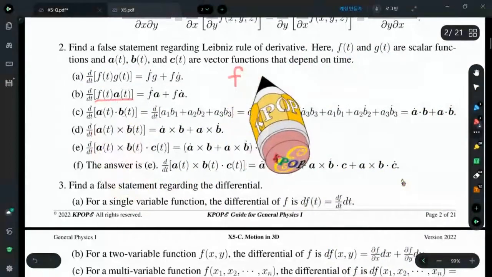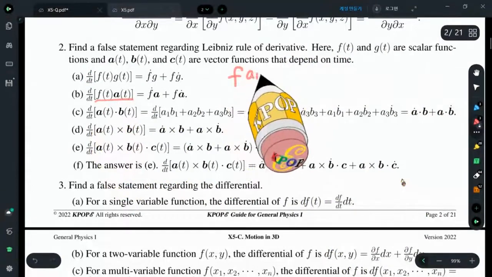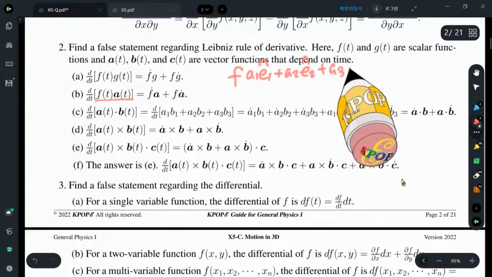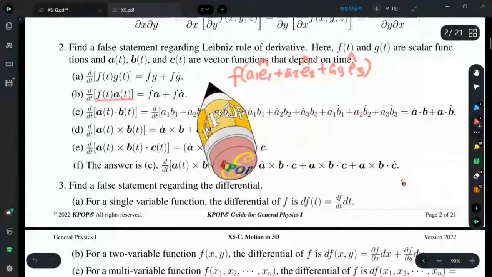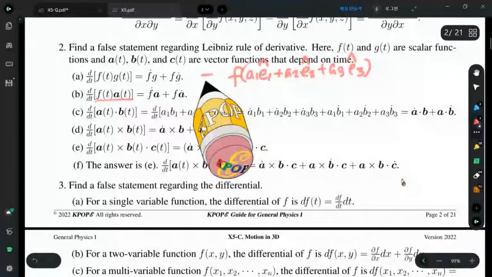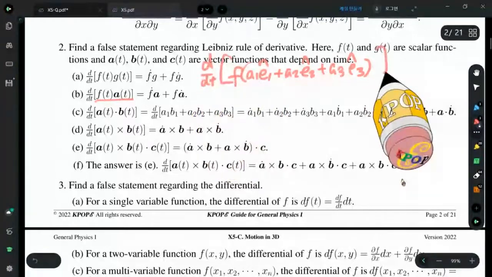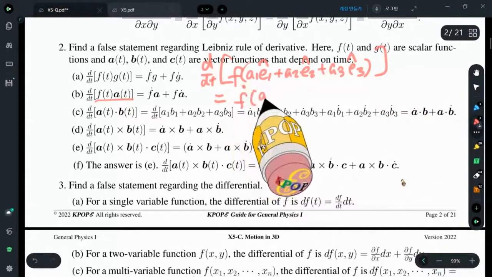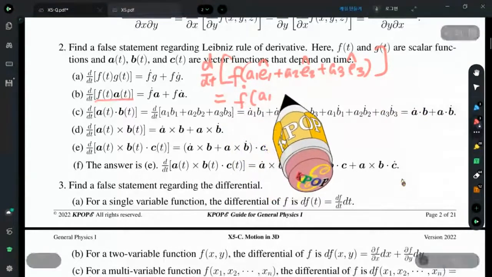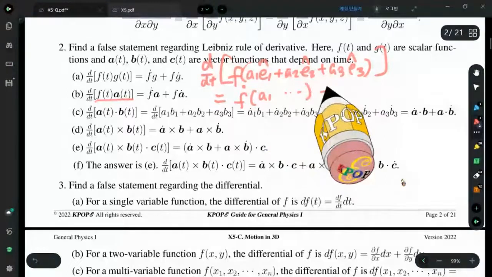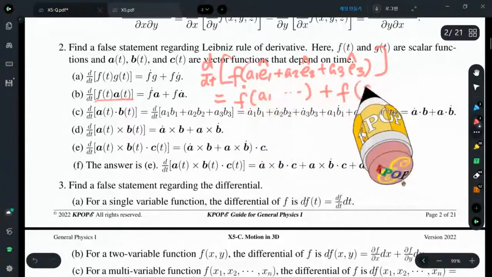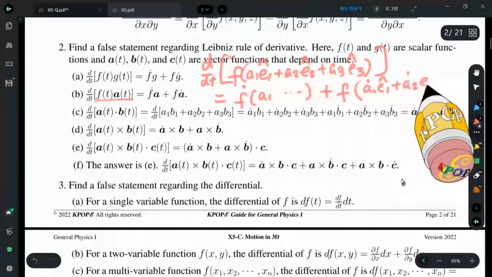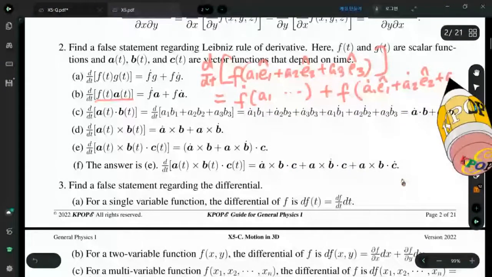This one, f a1 e1, a2 e2, a3 e3. So if I take the derivative, then I have f dot a plus f a1 dot e1, a2 dot e2, a3 dot e3.